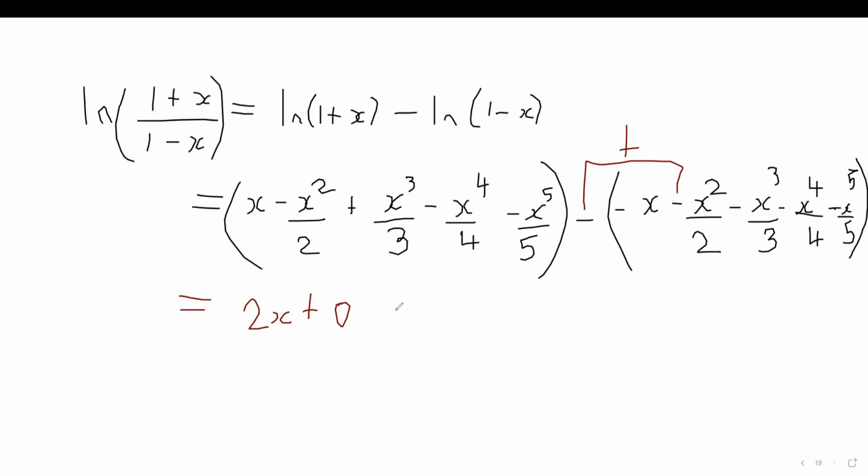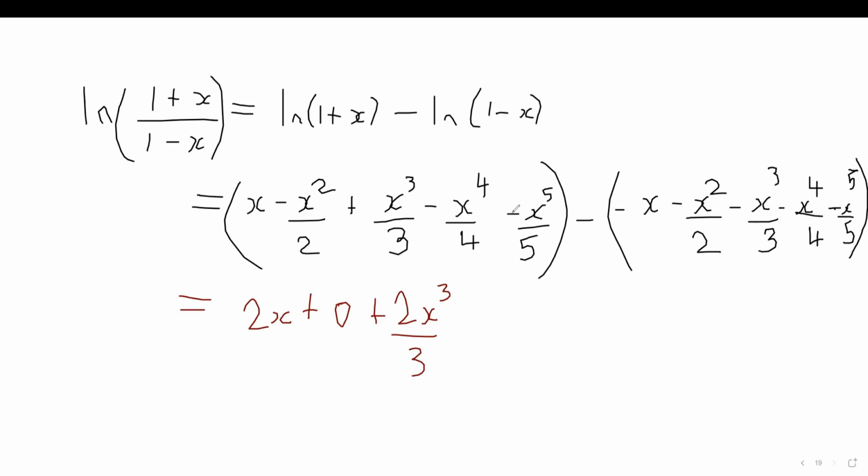And then we have minus x cubed over 3, but this plus right here is going to make it plus 2x cubed over 3, right? See that? Yes, sir. Then the x to the 4 terms cancel out each other again. And then now minus x to the 5th, minus x to the 5th.